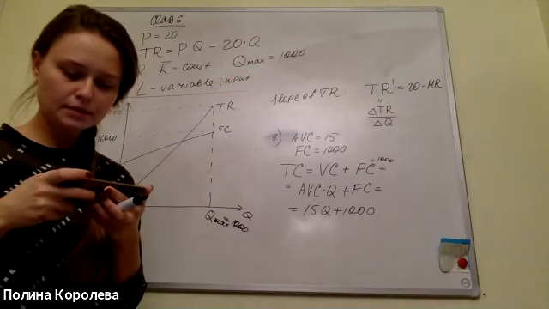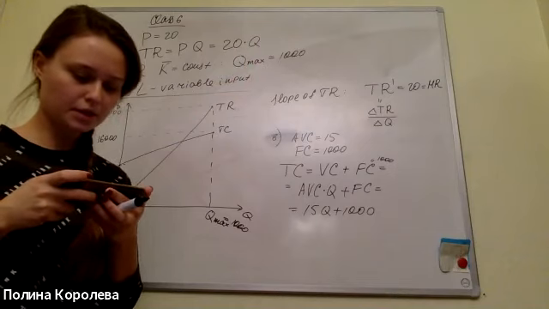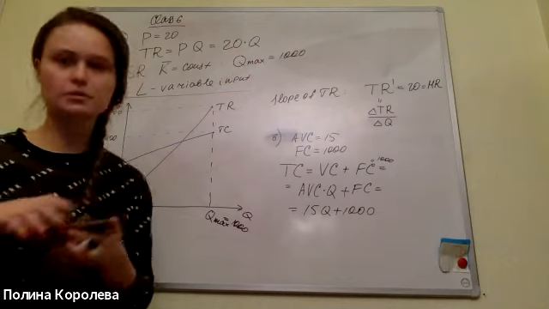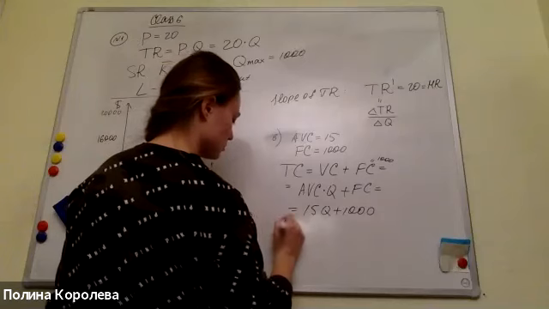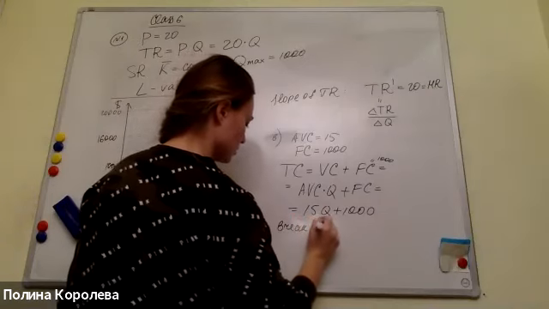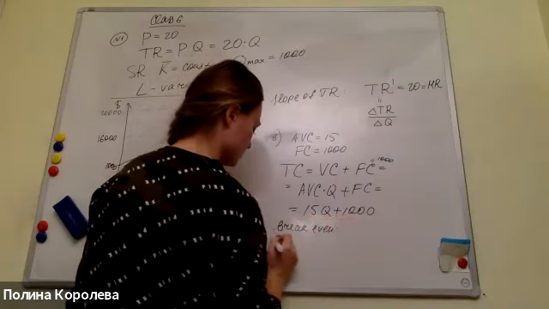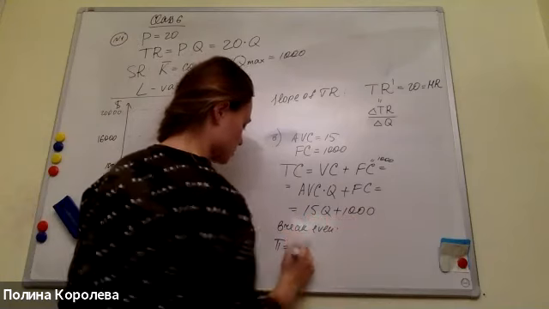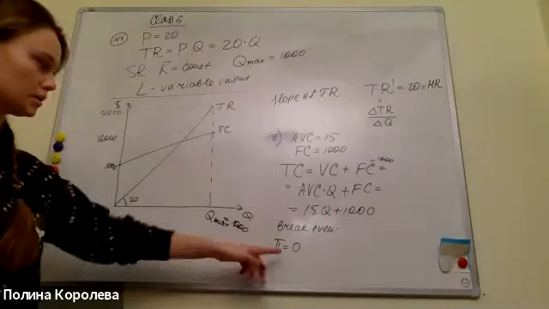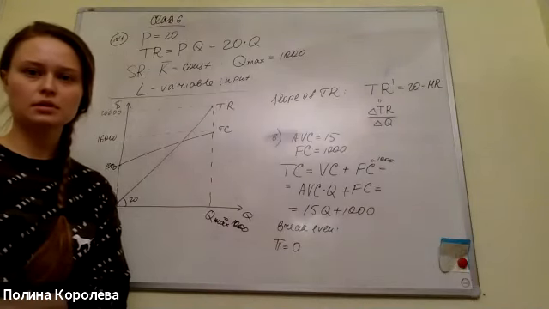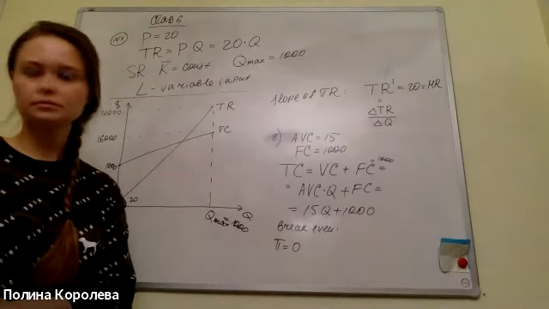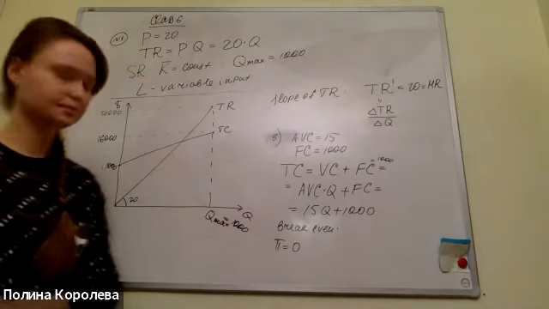How many heads does the firm need to sell to break even? That means to make zero profit, when profit equals zero. How many heads? Who wants to answer? How to solve this? Ivan, please.